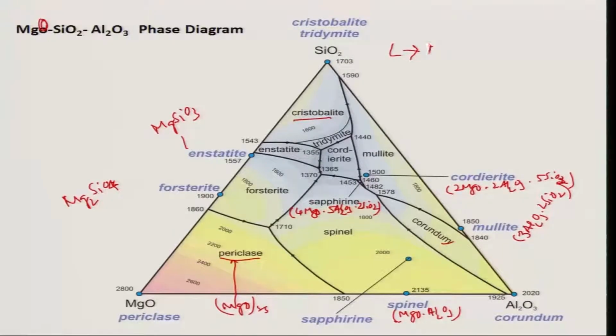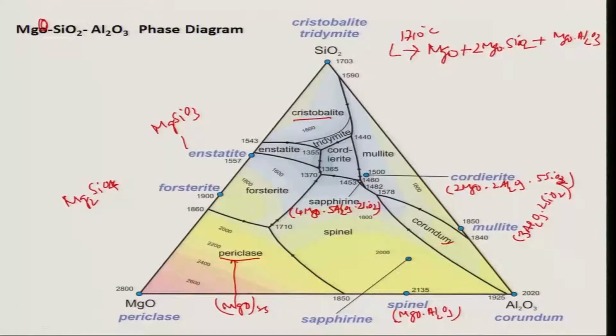This is taking place at a high temperature of 1710 degrees Celsius. It leads to the formation of periclase plus 2MgO SiO2, this is nothing but MgSiO3, plus MgO Al2O3 spinel, correct. This is the ternary eutectic reaction.